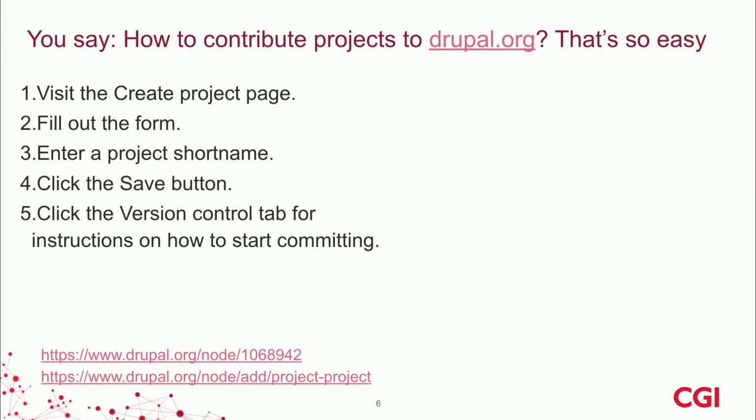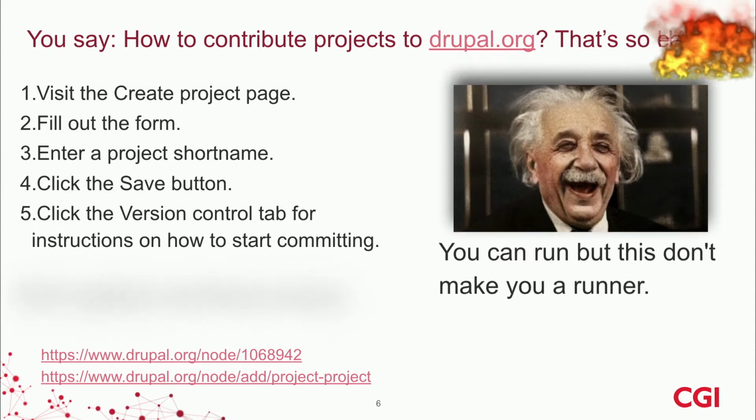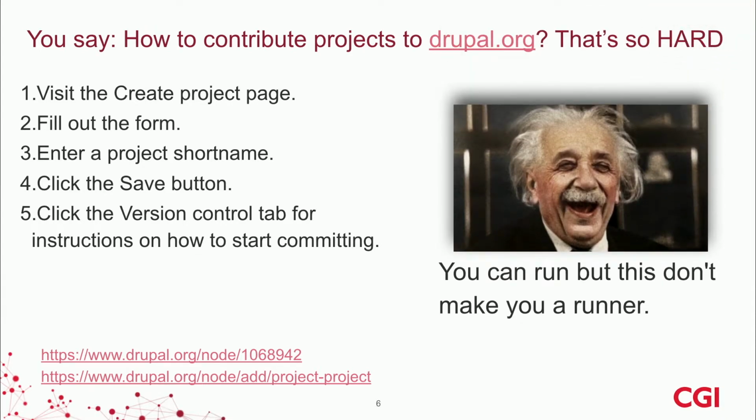Just go to visit the create page for the projects, fill out the form, enter the project short name, click the save button, and click the version control to start committing your code. So that's all for you. Okay, there is more, you will see that we need to do more than this to really contribute to Drupal.